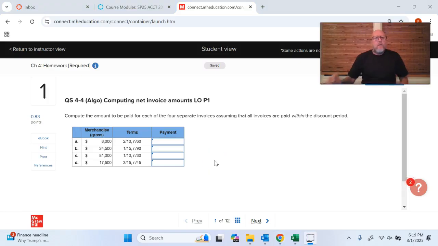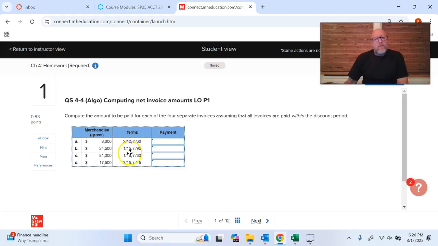In this question, it's asking us to calculate the net sales price or the net purchase price, we should say, or either one, just the net invoice price. So if our merchandise is 8,000 and the terms are 2% within 10 days, remember that's not 2 divided by 10, it is 2% within the 10 days.